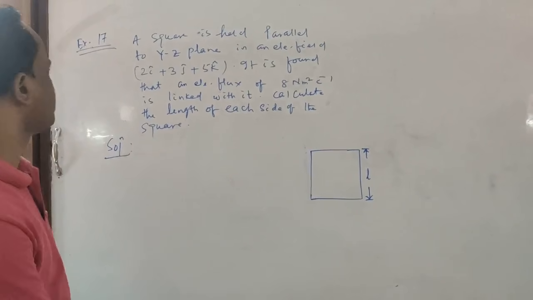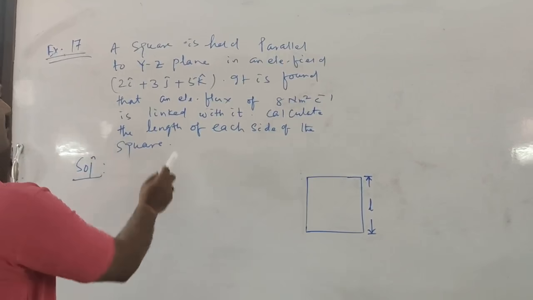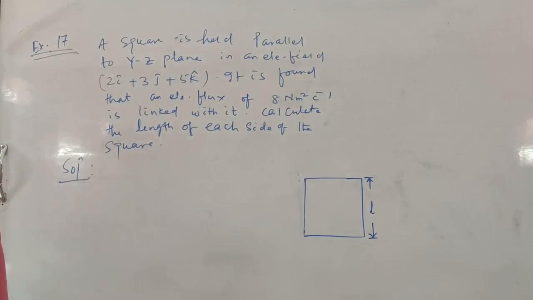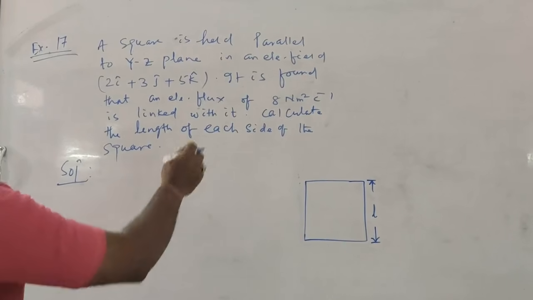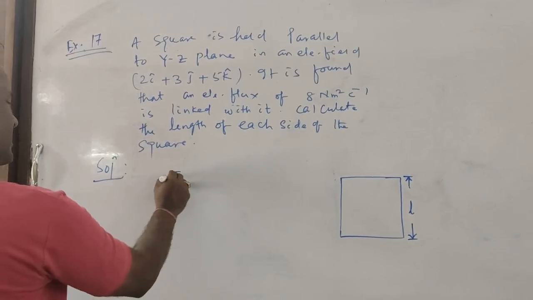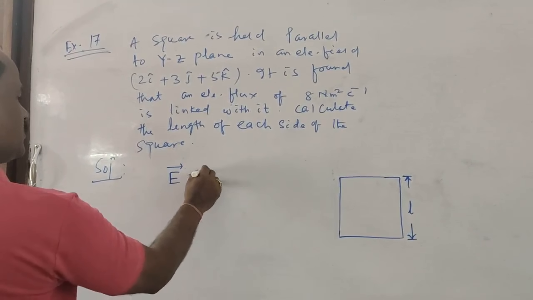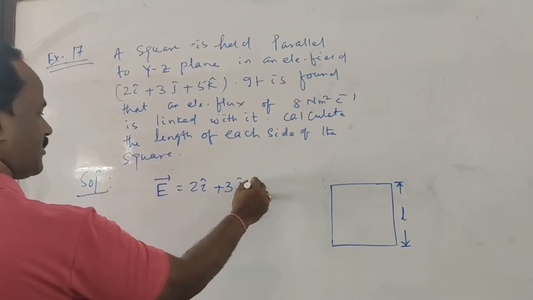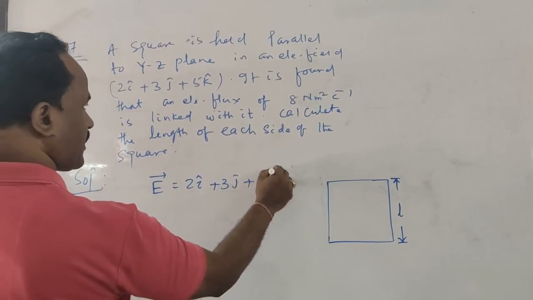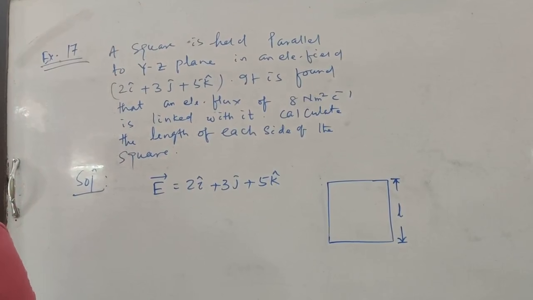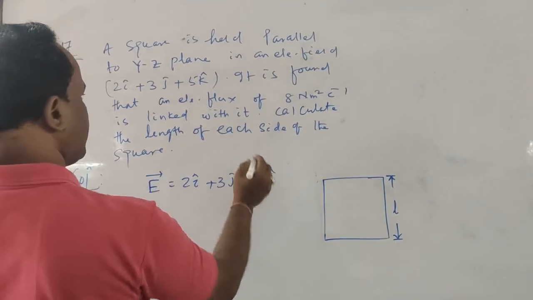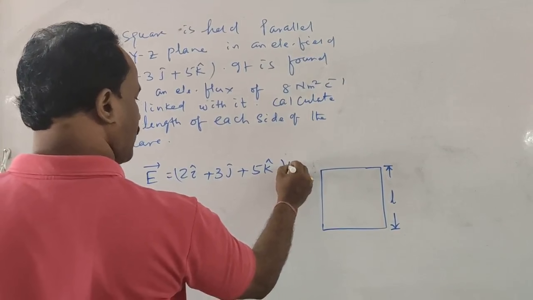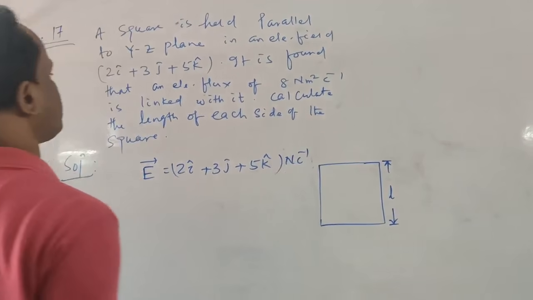Let's discuss another problem. A square is held parallel to the YZ plane in an electric field E vector equal to 2 i cap plus 3 j cap plus 5 k cap. Suppose the electric field is measured in volt per meter or Newton per coulomb.